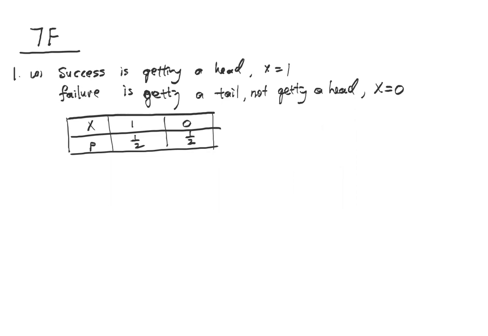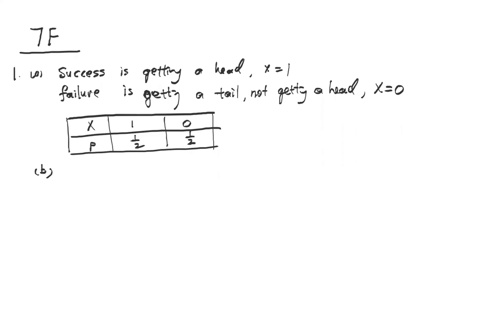Okay, how about B? 2 coins are tossed. X is equal to the number of heads tossed. So can you tell me what are the possible values of X? 0, 1, 2.